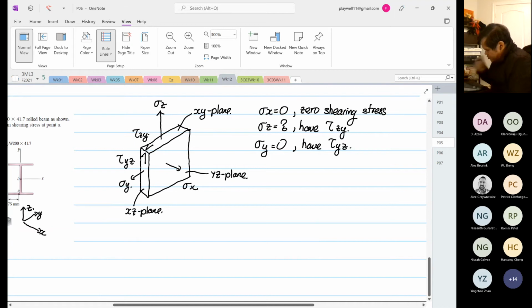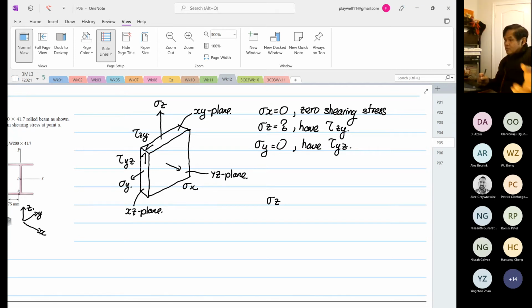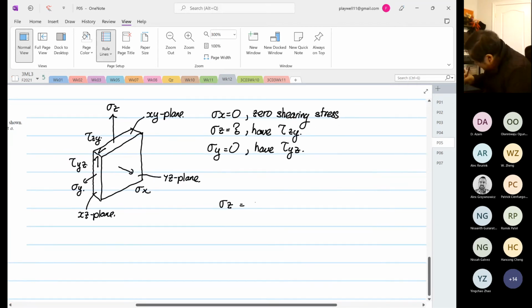So for stress Z, we just write up the formula again. Now, I've not done this in a long time. I showed you 1.5 hours ago. Now I forget all the numbers. So we know that this is Px over A, and we know that this is Mx over Ixx multiplied by y, and this is My over Iyy multiplied by x.